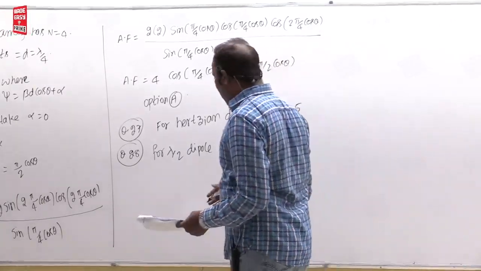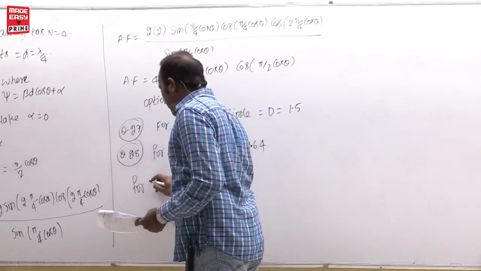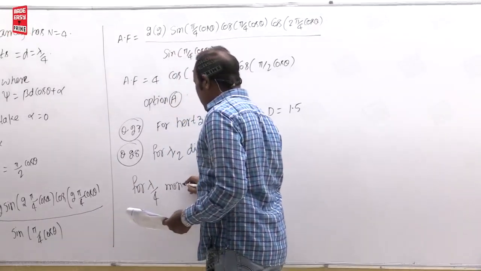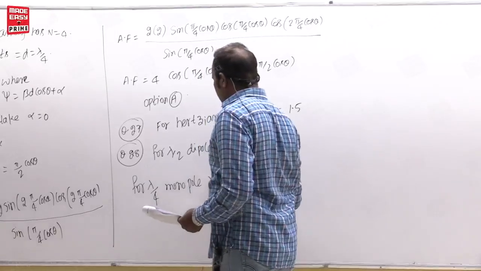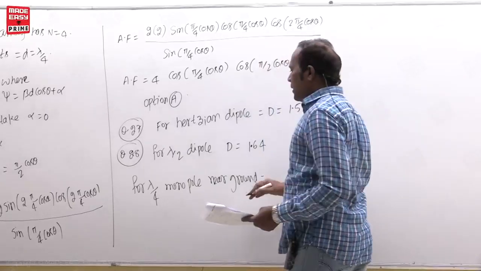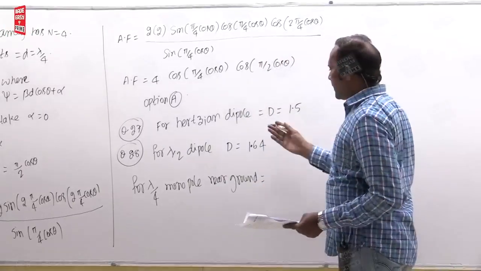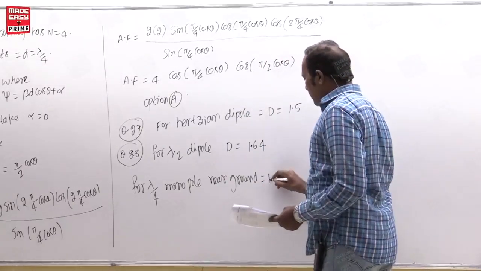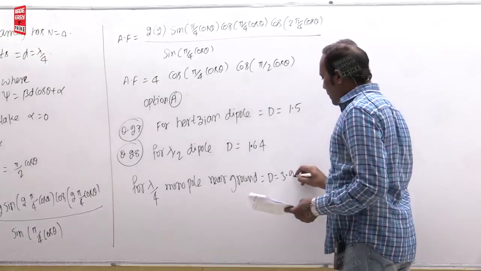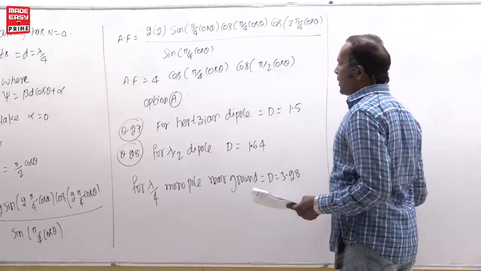Then for lambda by 4 monopole near ground, these are standard questions, it becomes double of this one because that is reflected. It is a different concept. You don't worry about that. You remember them. It is double of this, 3.28. These three are all standard questions.